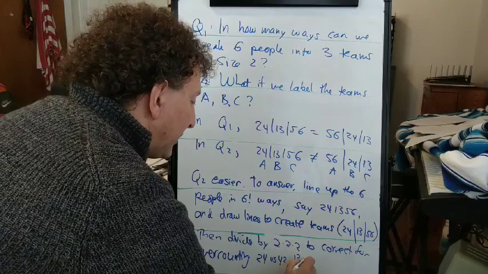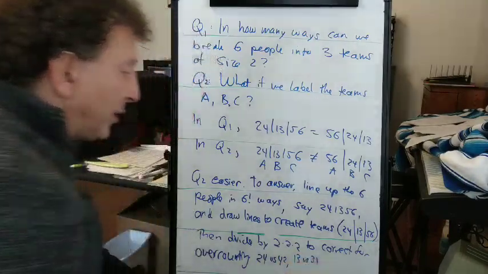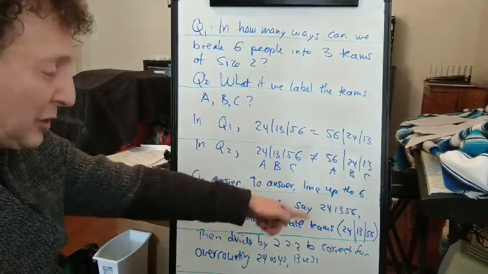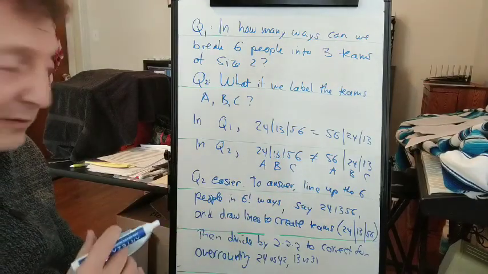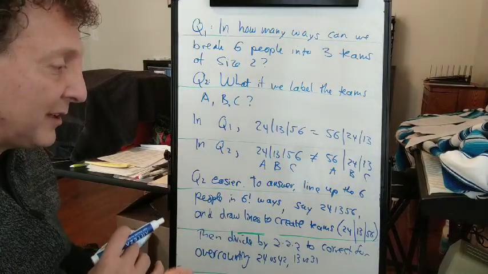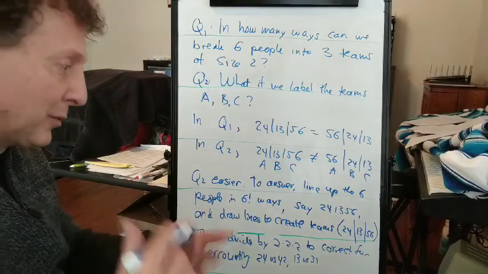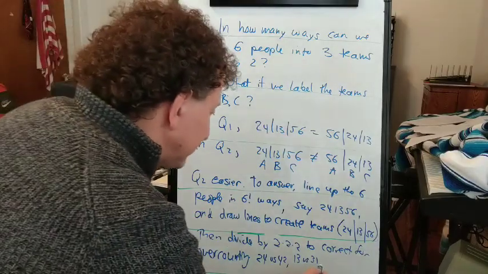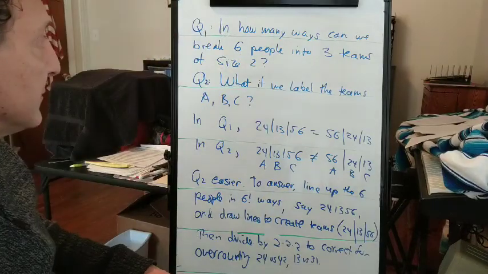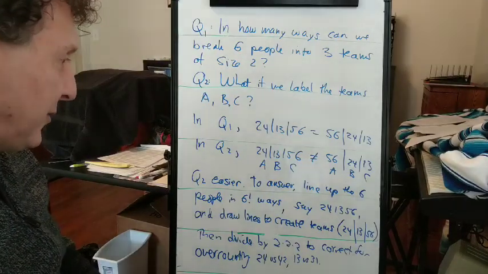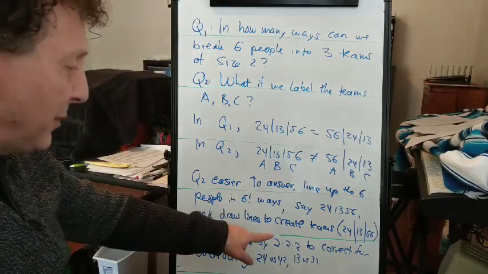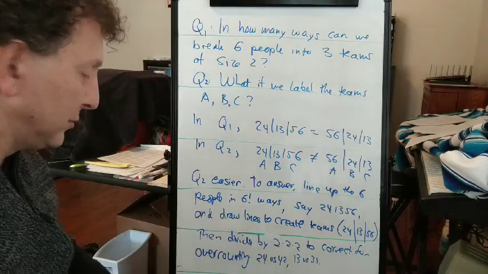Similarly, 1, 3 and 3, 1, which we count differently in permutations, really should count as the same, because if person 1 is on the team with person 3, it's the same thing as person 3 being on the team with person 1. So we have 6 factorial divided by 2 times 2 times 2.